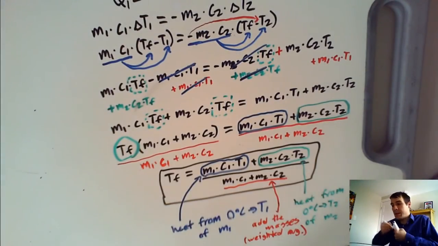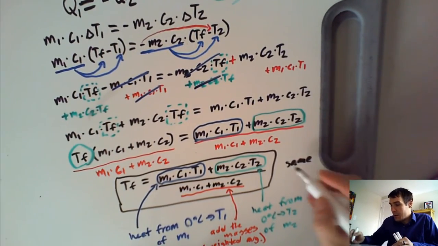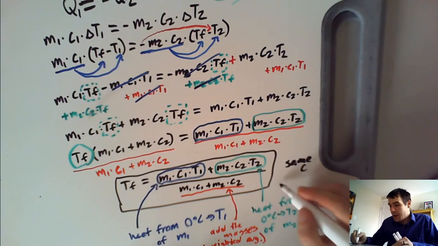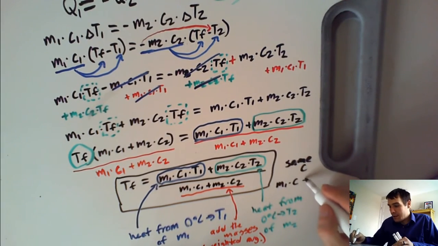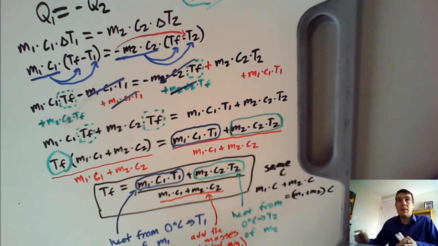M1 times C1, right? If it's the same C, M1C plus M2C just becomes M1 plus M2 times C. All right, that only happens if it's the same heat capacity for both objects.